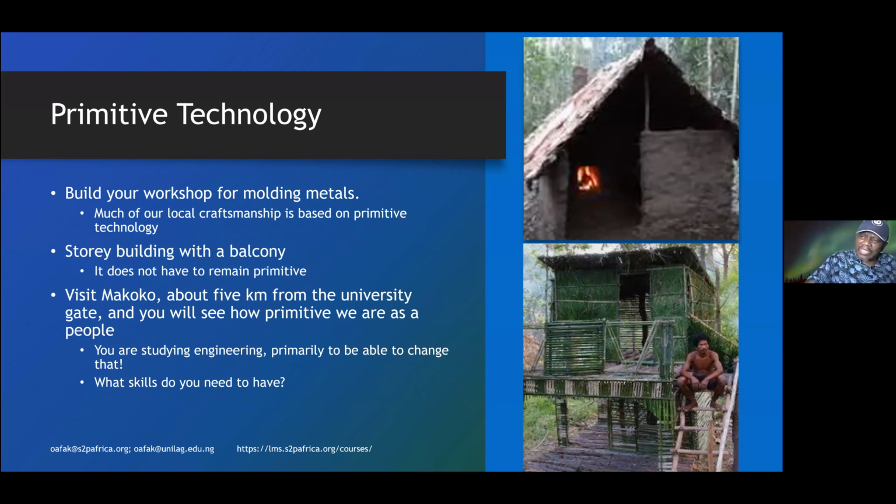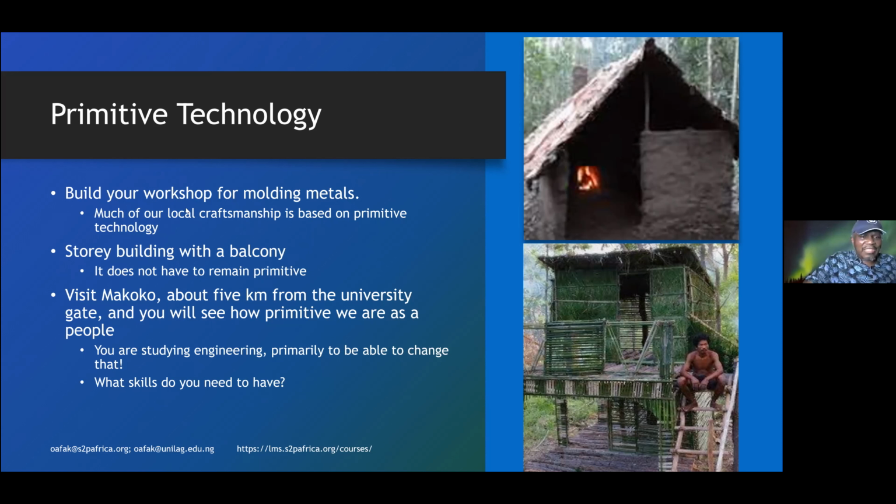Some people are still doing this in some places in northern Yoruba land, Shaki. They go and take railings on the highway and melt them into pots and pans using the most primitive technology, and they say that is their heritage. So primitive technology could be your heritage, and you can be very proud of it.